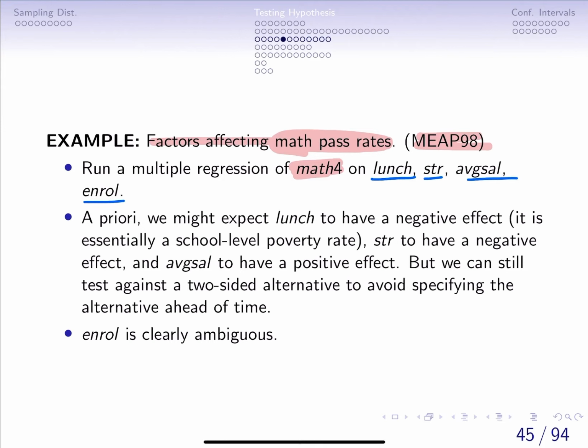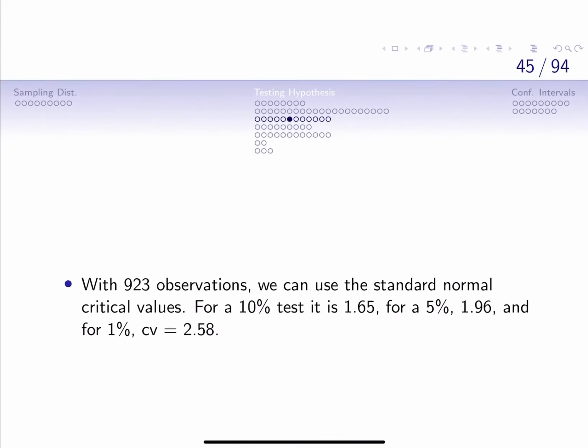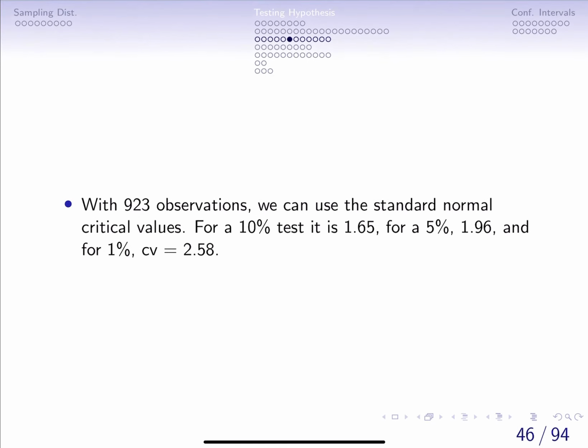You might have good reason to believe the sign of the coefficients on lunch and the rest of the variables, but for enrollments, we may not have an understanding of what we might expect. So in this case, a two-sided alternative becomes more reasonable.